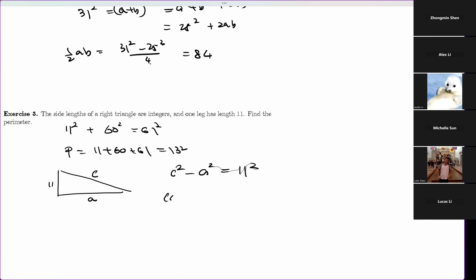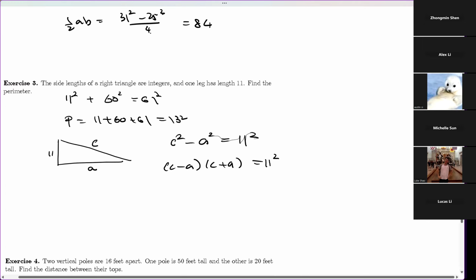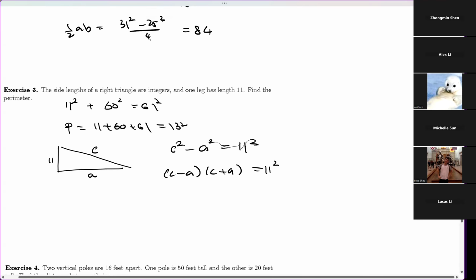Then (C minus A)(C plus A) is going to be 11 squared. Now, what does it tell you?